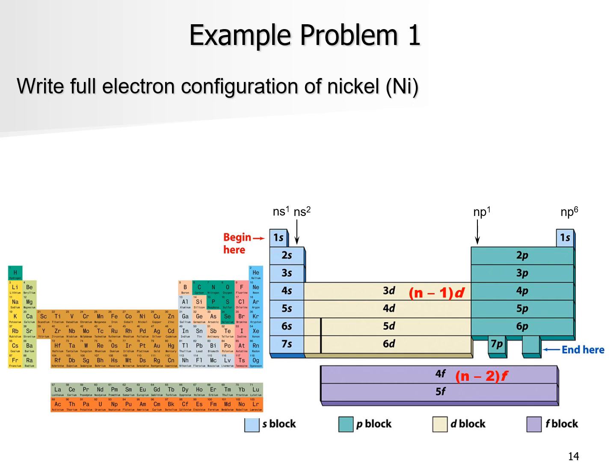All right, with that in mind, we can go ahead and write the full electron configuration of nickel. Nickel is the number 28 element, which is somewhere right here. So it's the number 28 element.